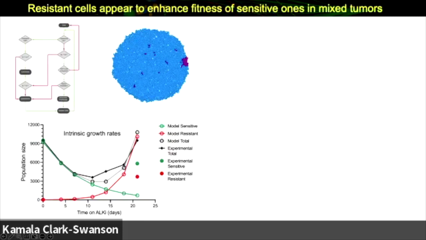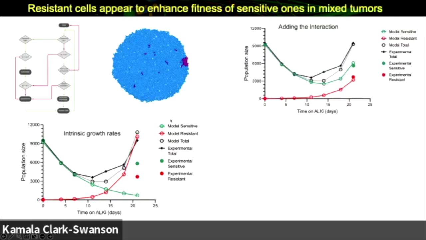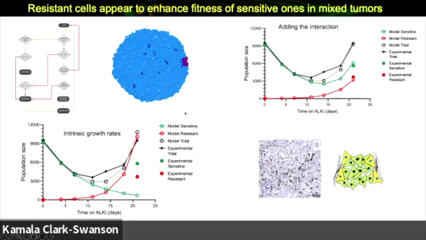There were way more sensitive cells than we would otherwise expect and way fewer resistant cells, which suggested there is some sort of biological interaction happening here. If we introduce this interaction term in the models, we fix the discrepancy. But what is this interaction? At that point, we already had a good clue that it might be an interaction mediated by stroma.